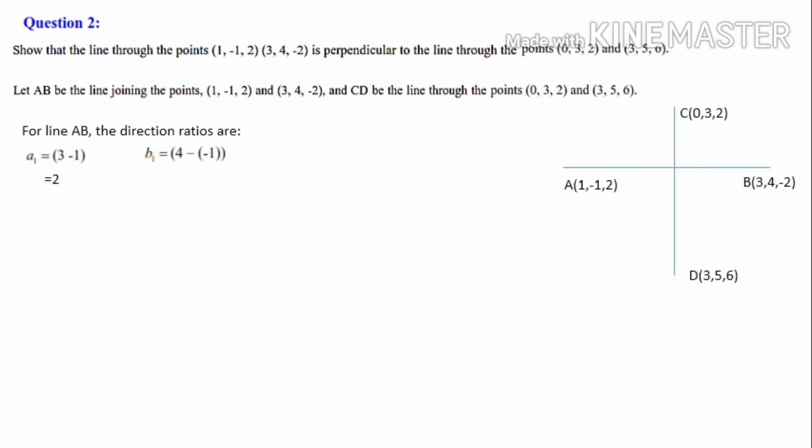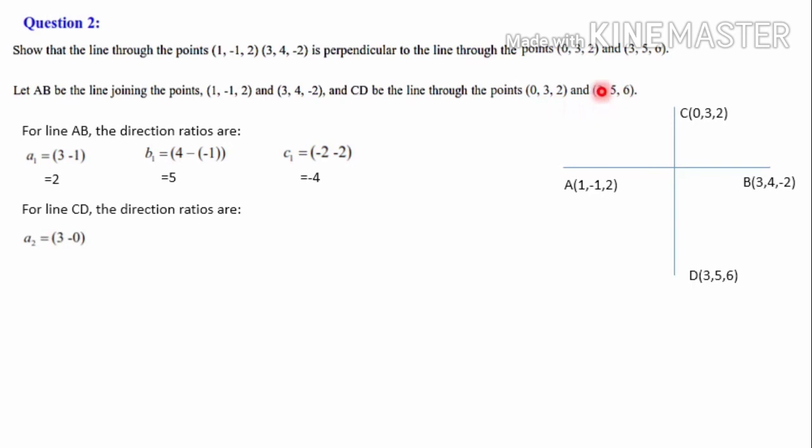Next, b1, 4 minus (-1), that is equal to 5. C1, that is -2 minus 2, equal to -4. Next, for the line CD, these are the coordinates.